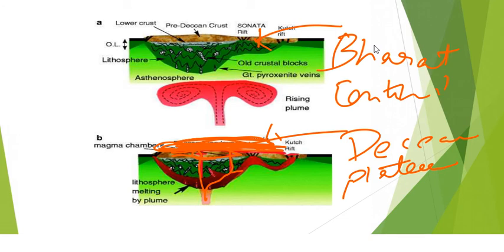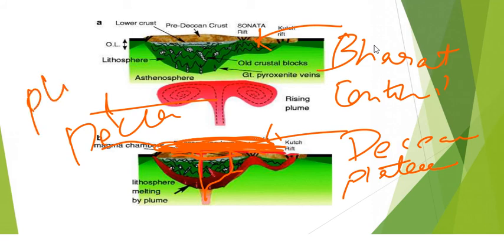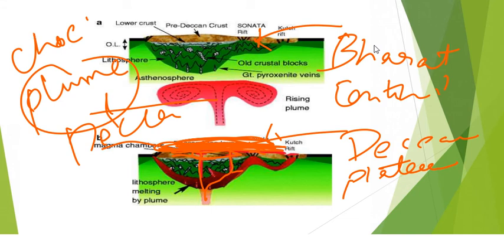This got trapped here, right? That's the reason we call it Deccan Plateau. Nothing to worry. And this whole thing was called a plume. Chocolate plume, you all know that, right? A similar thing here. Pudding.